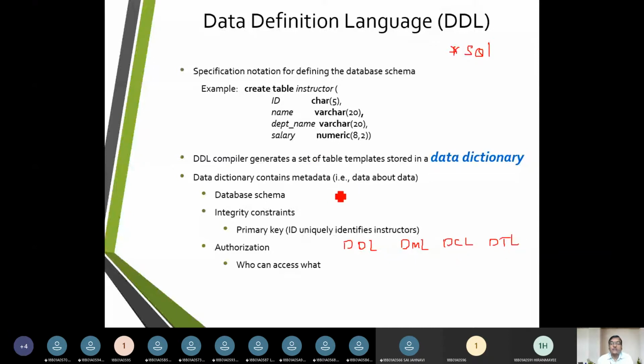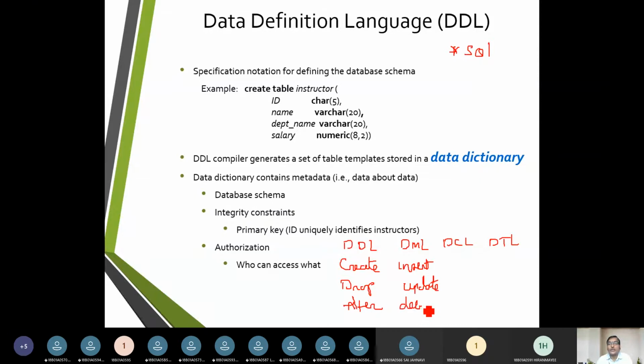As data definition language, it can be a create command, a drop command, or an alter command. With data manipulation language, we have the insert command, followed by the update command and the delete command.